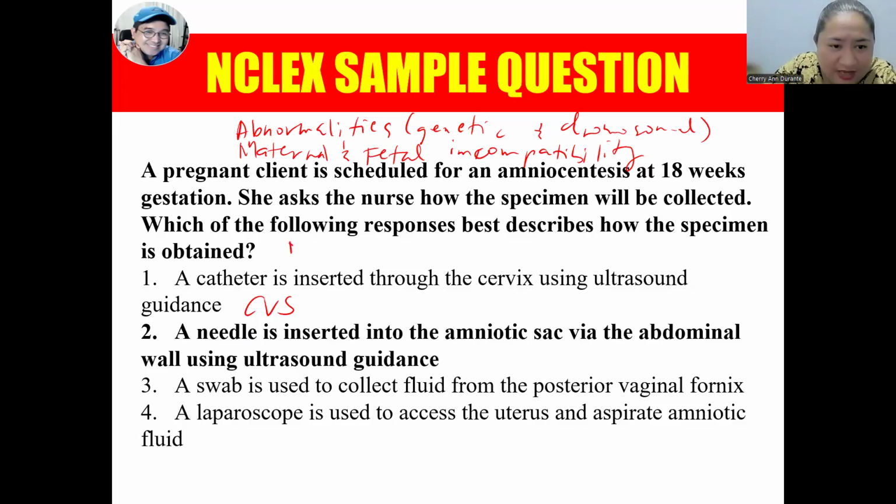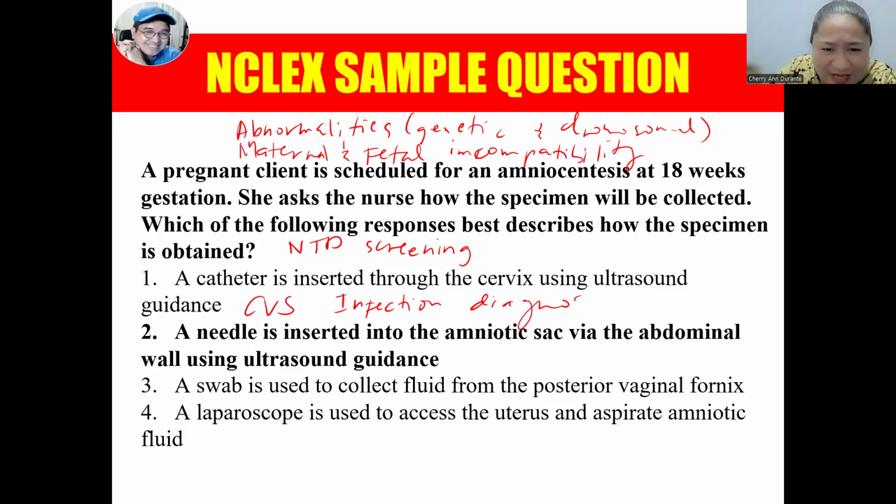Another one, letter N: neural tube defects screening. So remember your meningocele, anencephaly. This is another perfect purpose. Letter I is infection diagnosis.